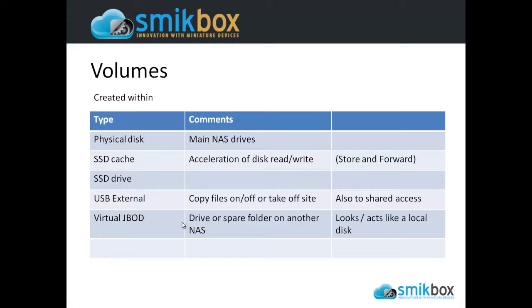So if you have perhaps a 1, 2, 3 terabyte USB connected drive that's available, that was perhaps part of your original network before you implemented this NAS, you can plug it into the USB port on the side of the NAS, and then it immediately becomes useful for other purposes. So you might want to use that for copying files on and off to take off site.